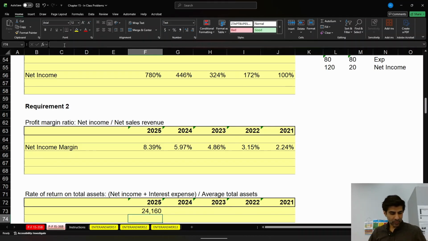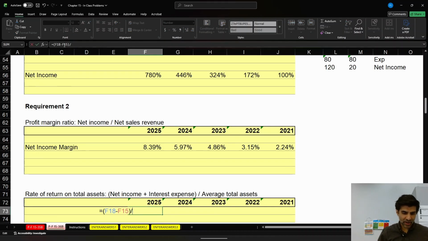And that's going to be divided by... and it's actually not exactly right, because in this case, I don't think we're paying income tax, but if there was a tax expense, you would also have to adjust for that, because interest expense lowers how much tax you have to pay. So you'd have to do some adjustment there too.